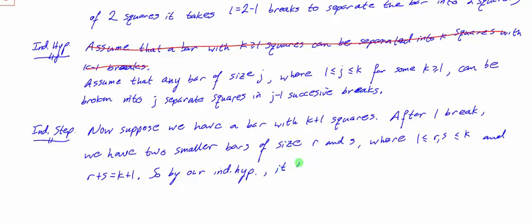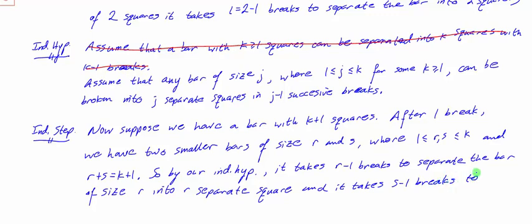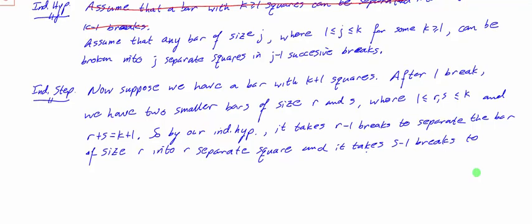So it takes r minus 1 breaks to separate the bar of size r into r separate squares. And similarly, it's going to take s minus 1 breaks to separate the bar of size s into its s separate squares.